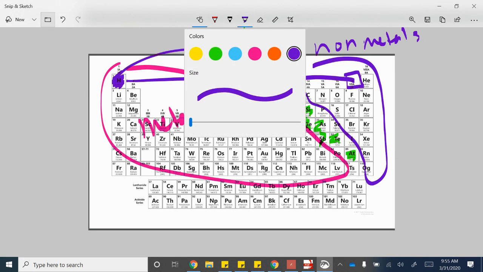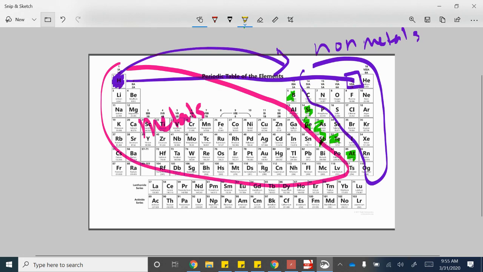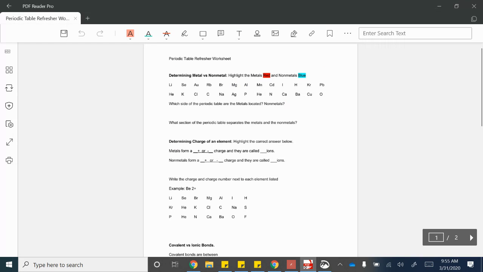Lithium is located right here. So it is on the metal side, so you would highlight that in red. So you're going to go through the whole worksheet, or this section, and figure out which ones are going to be red, metals, and which ones are going to be blue, nonmetals.